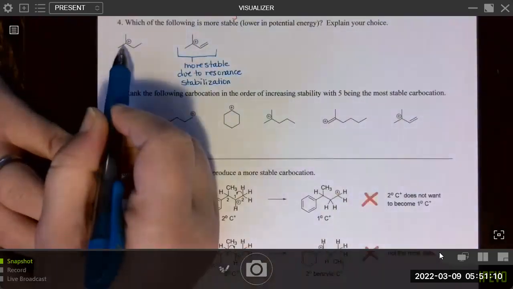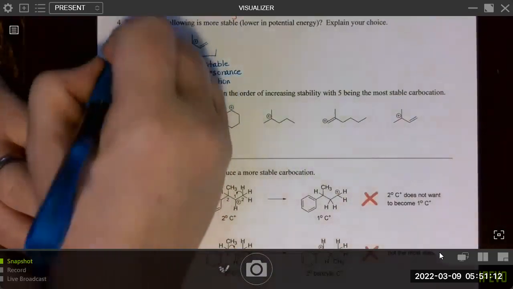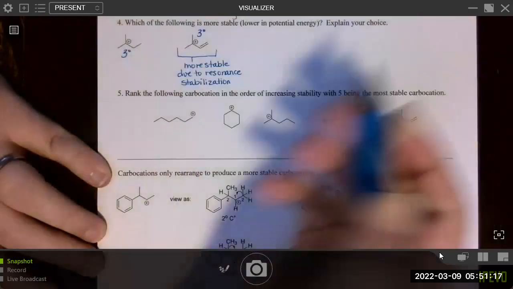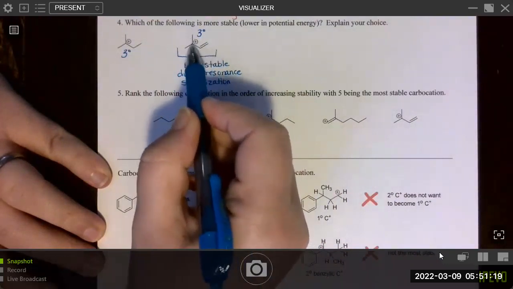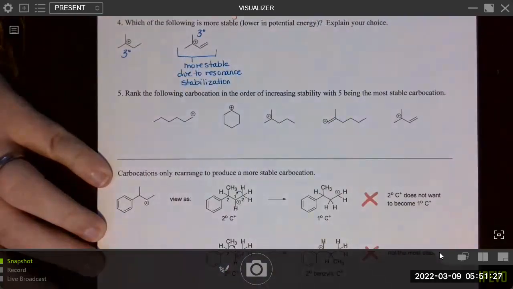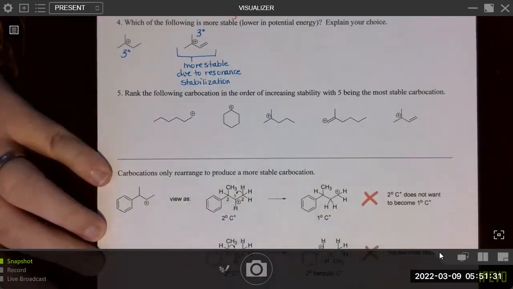Right? So this one is a tertiary carbocation that's localized. This one is also a tertiary carbocation, but remember, it's more stable because this carbon doesn't have a full positive charge, and instead the positive charge is delocalized onto two different carbons. Therefore, each carbon only has to have a partial positive charge, which is more stable.